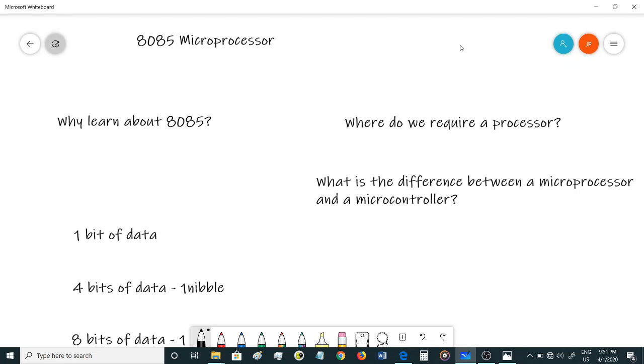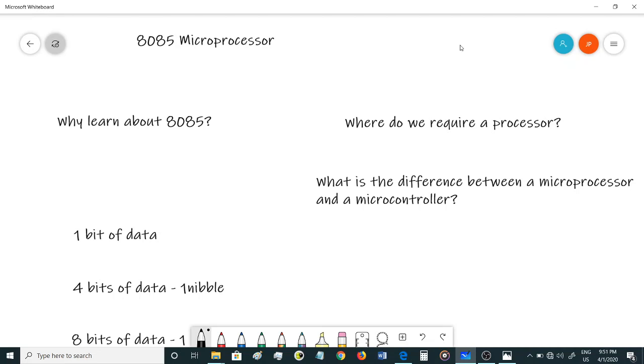Also, why do we have to learn about processors? The reason is that we are surrounded by a lot of processors in everyday life, from your remote control to your mobile phones, ATM machines, washing machines, ovens, air conditioners, and television.